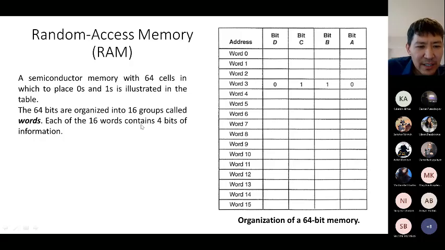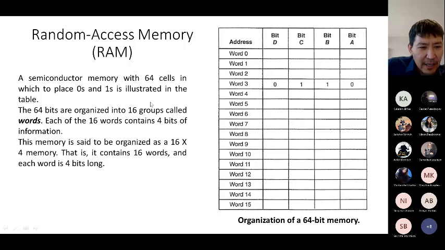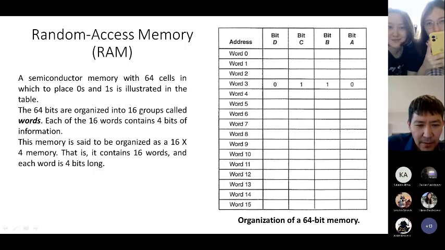Each of these 16 words contains 4 bits of information. This memory is said to be organized as 16 by 4 memory. It means 16 words, and every word has 4 bits. So it contains 16 words, and each word is 4 bits long.